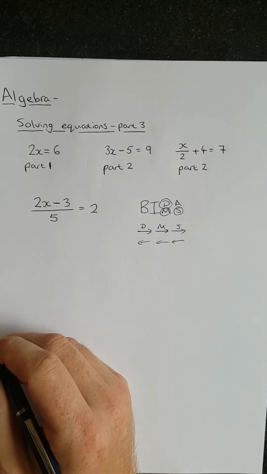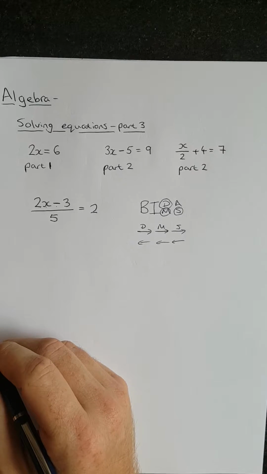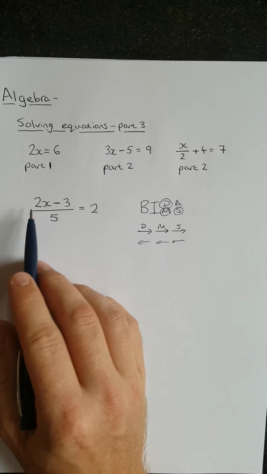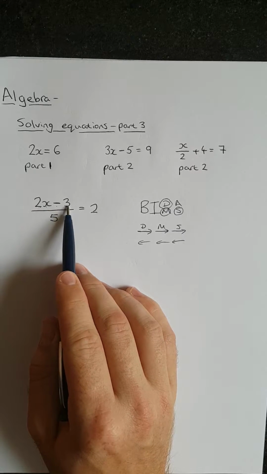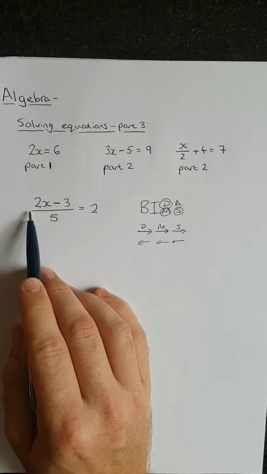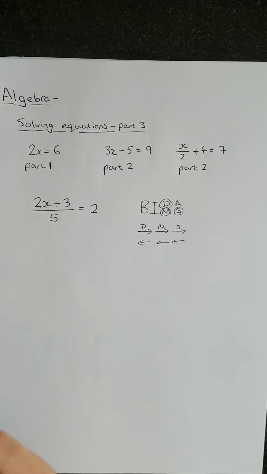My question for you is, when was the divide carried out? Look closely at the fraction. 2x, take away 3, and then all of that divided by 5. So when was the divide done? Well, it was done at the end.